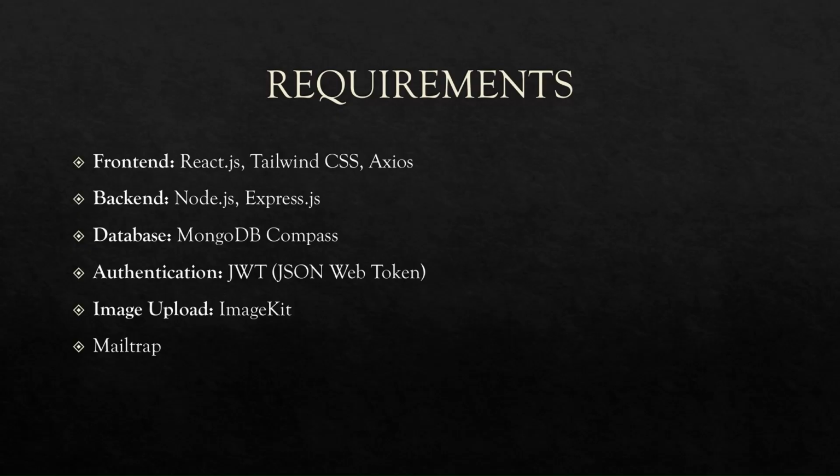Authentication: we use JWT authentication, that is JSON Web Token. For image upload, we use ImageKit. The photos of the properties listed on our web page are not directly stored in MongoDB.